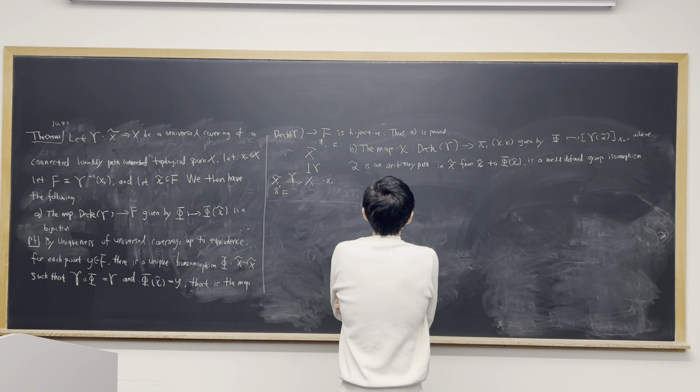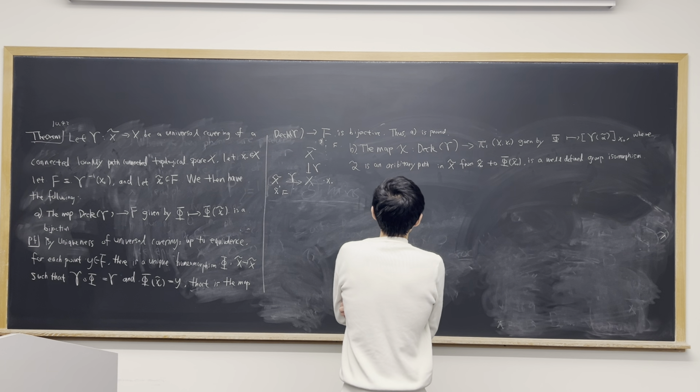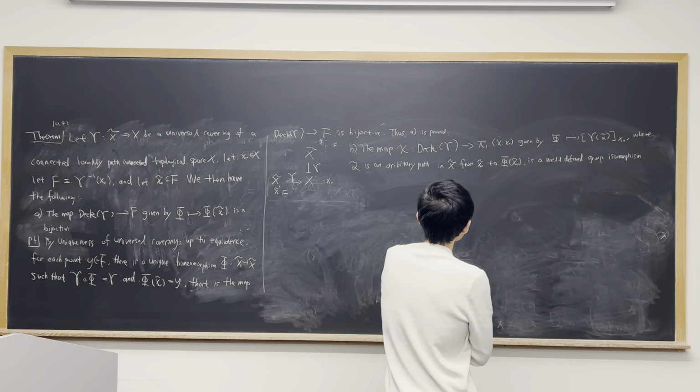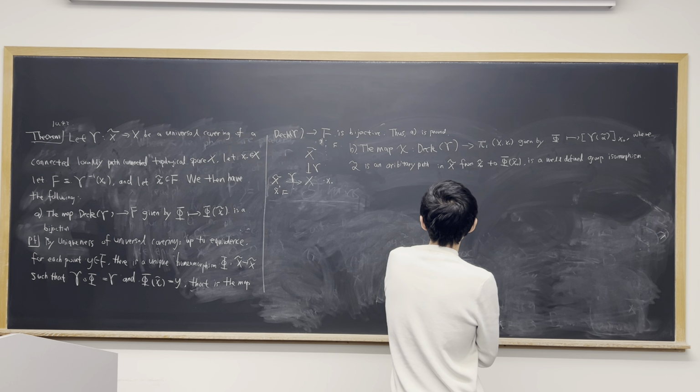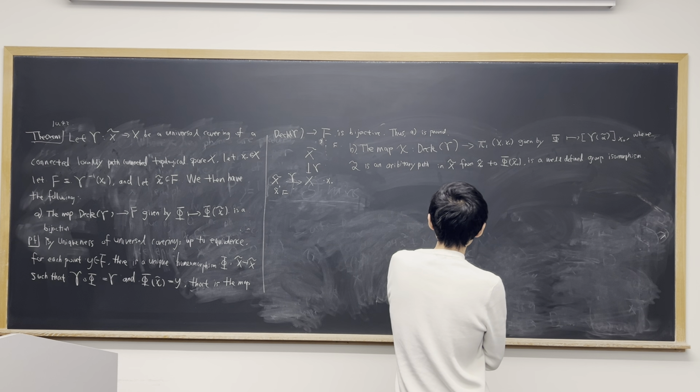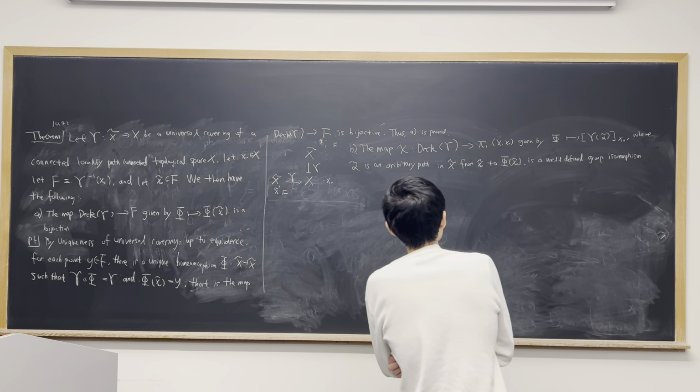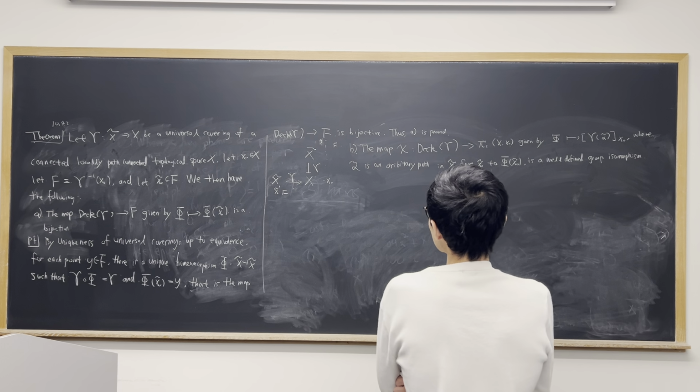So here, what is the map? The map is that you take any element from the deck transformation. Basically you take any phi and then you map it to where, an arbitrary path in x tilde from x naught tilde to phi of x naught tilde.